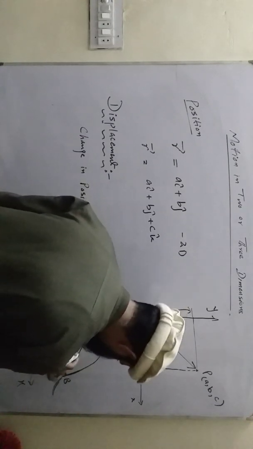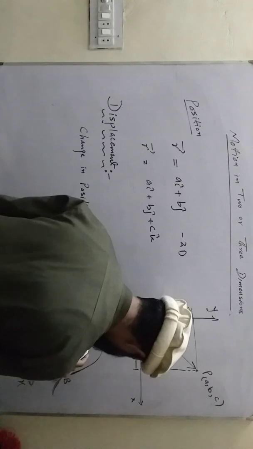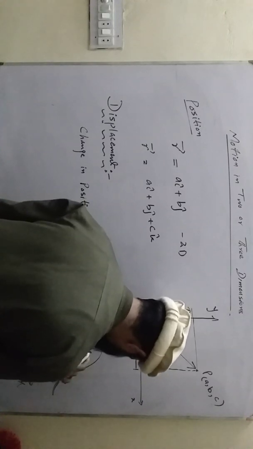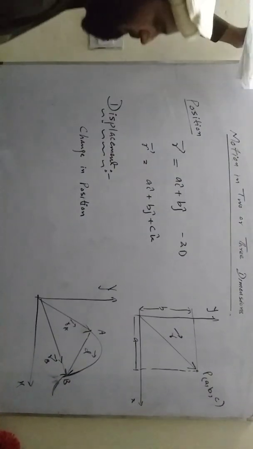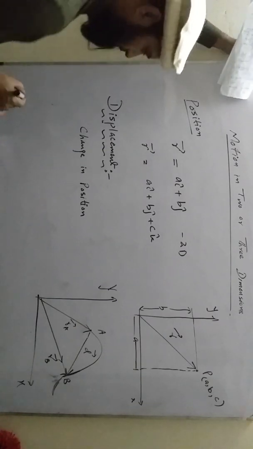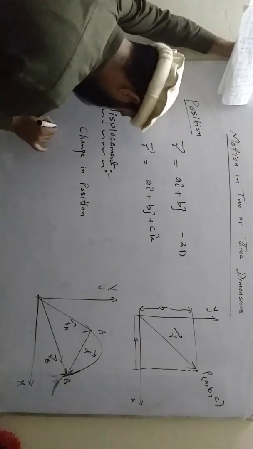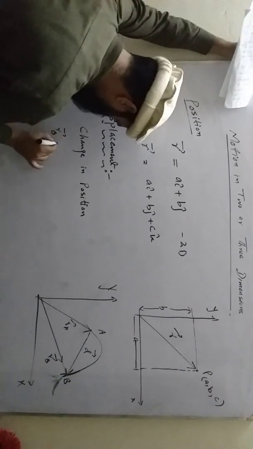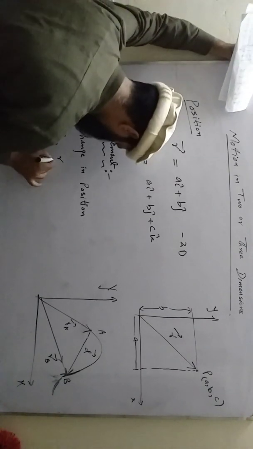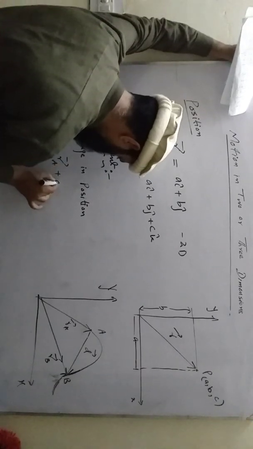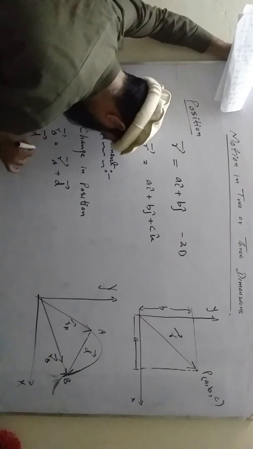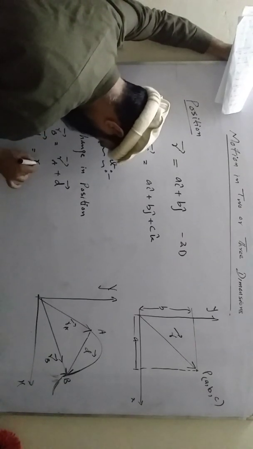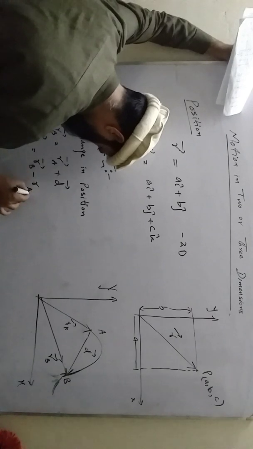If we join A to B and place an arrowhead at B, from this diagram RB vector is the resultant of RA and D, or D can be written as RB minus RA.